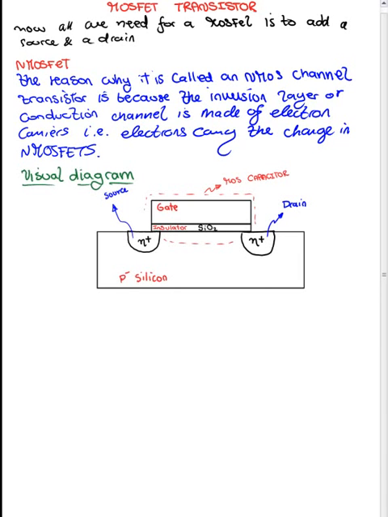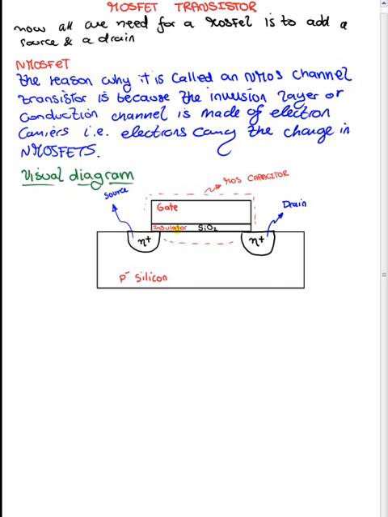Okay, so here's the visual diagram of an N MOSFET. And so what you have here is the MOS capacitor, the one that we've been talking about right here, right? You got the gate, the insulator, and the substrate. And then to manufacture the source and the drain, what we have is N plus silicon that is put into the substrate right here for both the drain and the source.